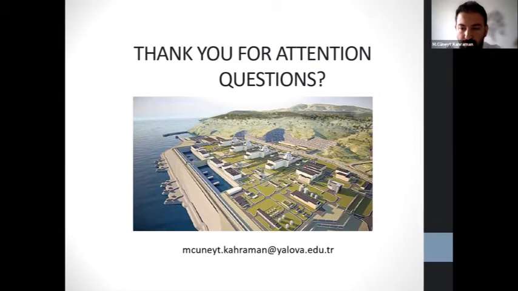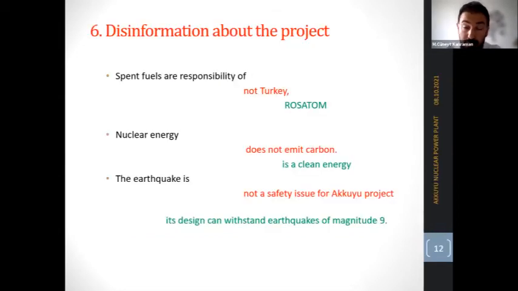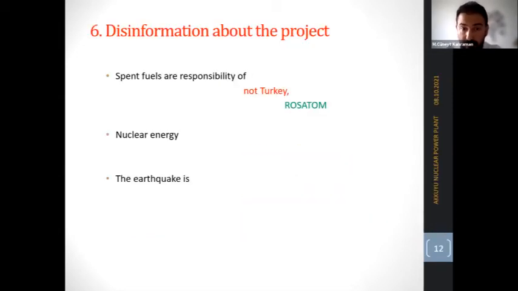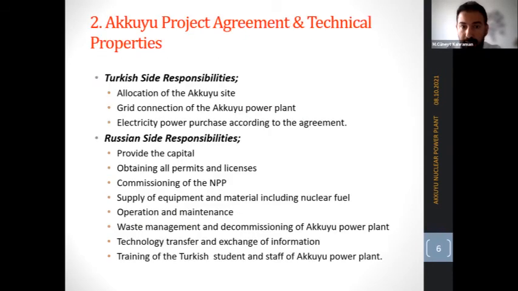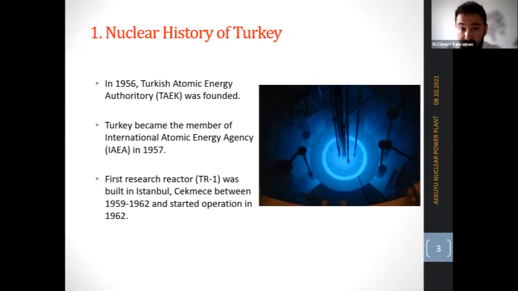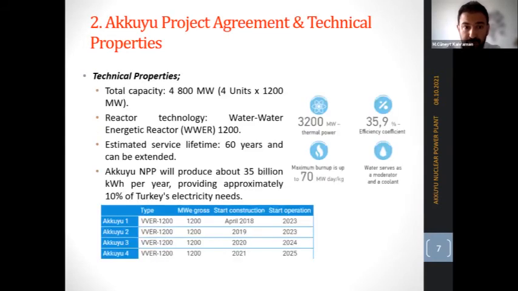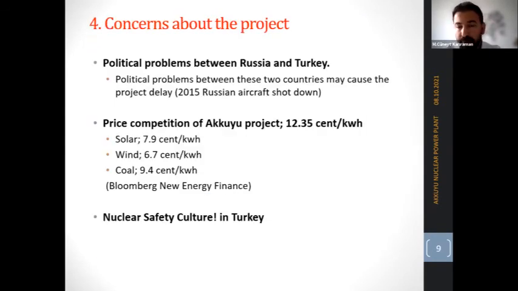What I was trying to say is that, okay, I'm going to go back to that part. The political, because when we look at the agreement between the countries, I mean this nuclear power plant agreement, we saw that some issues are not really clear.